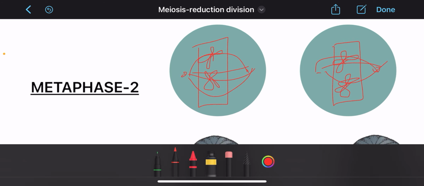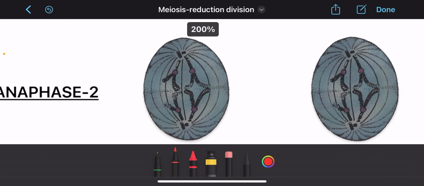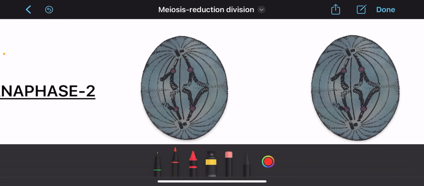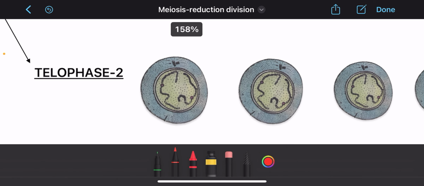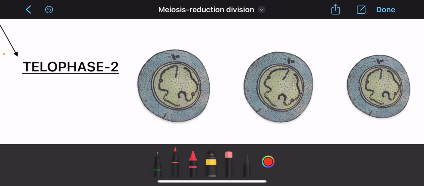After this, the cell enters into anaphase II. In anaphase II, again, the chromosomes move towards the opposite poles and the cytokinesis begins. After that, the cell enters into telophase where the cytokinesis has taken place and the nuclear membrane reappears, the nucleolus reappears, and therefore this ends meiosis II.